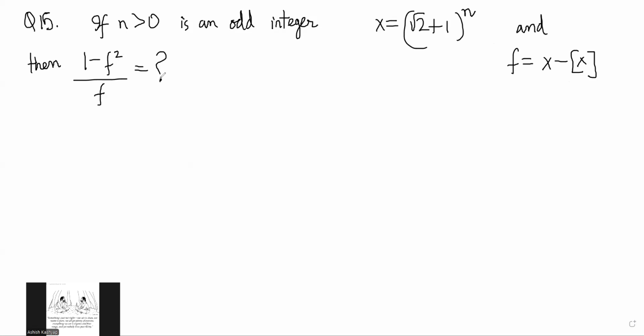Again, we have to figure out whether it is even, odd, irrational, or what is it, right? So let's think about it one more time and understand this whole concept.